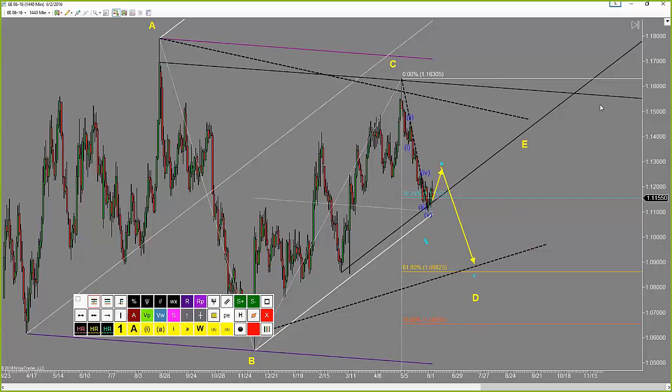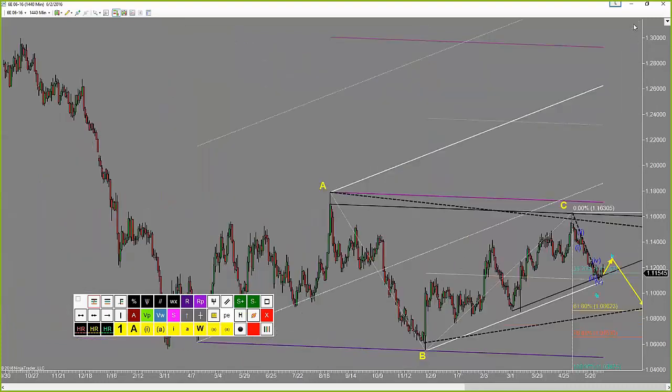Robert is asking, how do you know or anticipate whether a corrective wave following wave 5 will be a flat or a zigzag? You can't. The only way that you could is by looking at the previous correction.